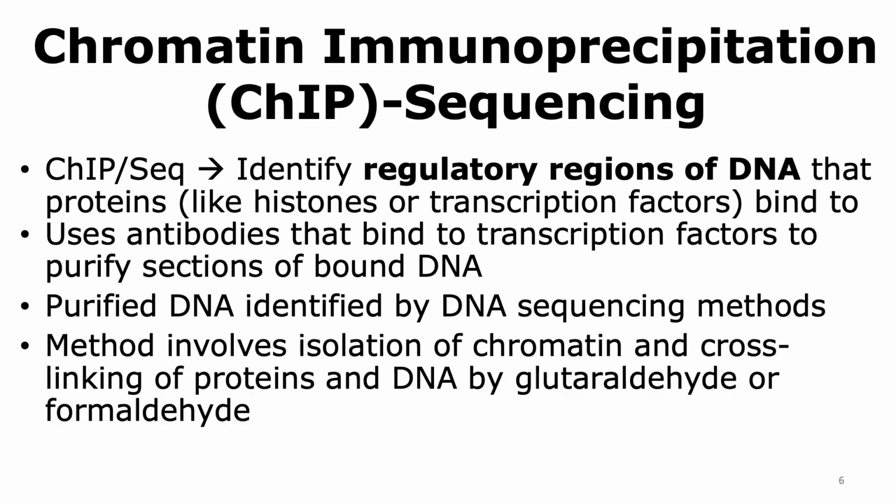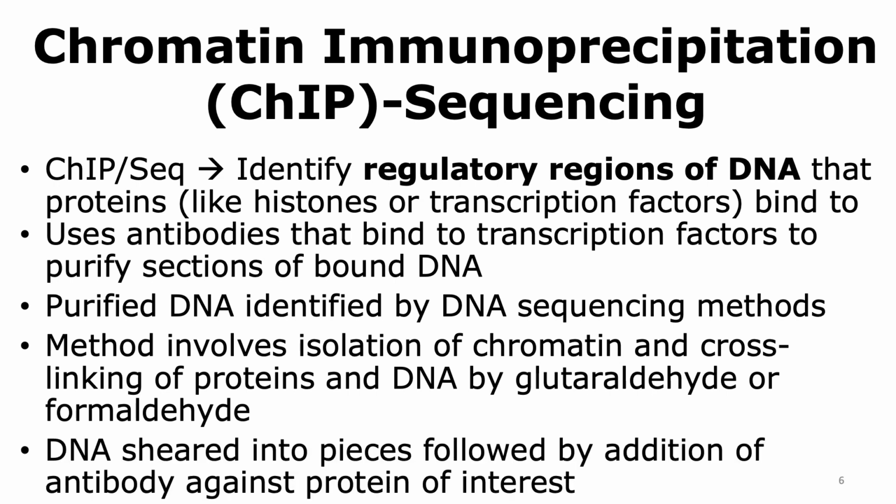To perform chromatin immunoprecipitation, the method involves the isolation of chromatin and the cross-linking of proteins and DNA using agents like glutaraldehyde and formaldehyde. The DNA is then sheared into pieces, followed by the addition of an antibody to the protein of interest.